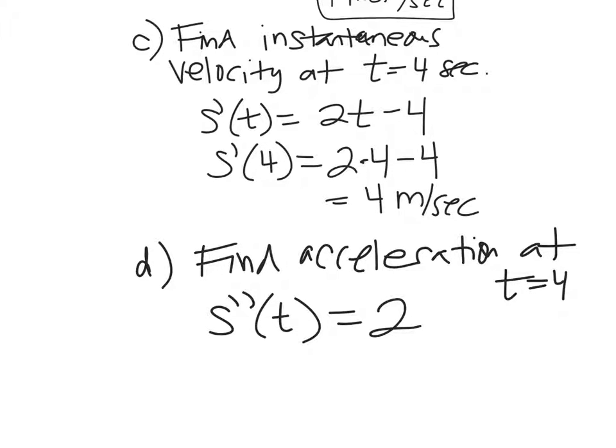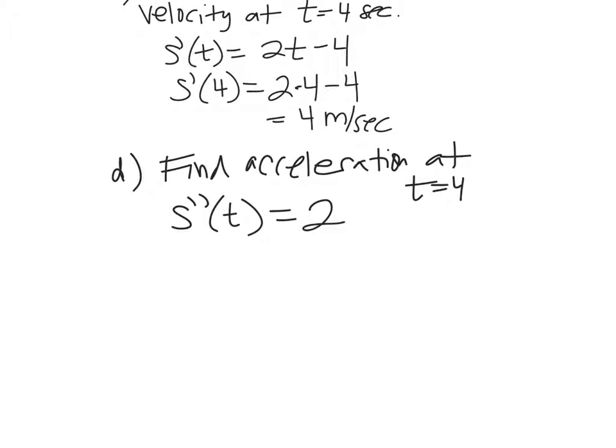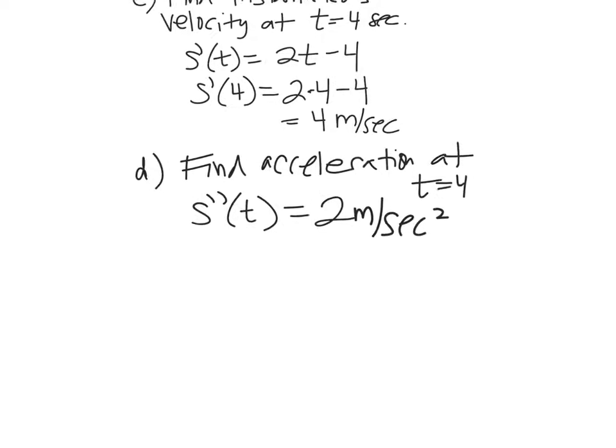So it really doesn't matter. And what is acceleration? Do you know the units on acceleration? Yeah, meters per second squared. And that's for the whole thing. The whole thing at all times is accelerating at 2 meters per second squared.